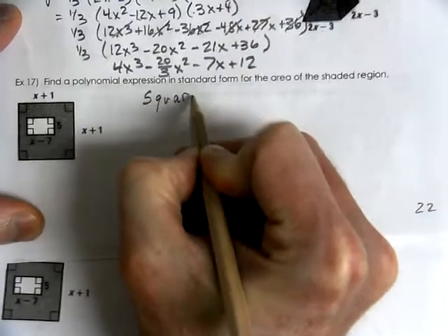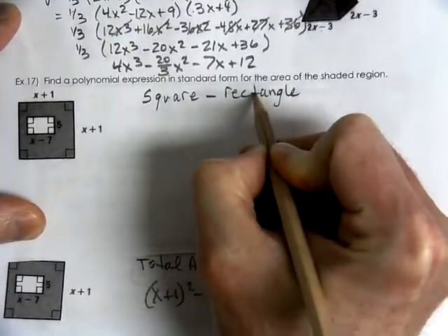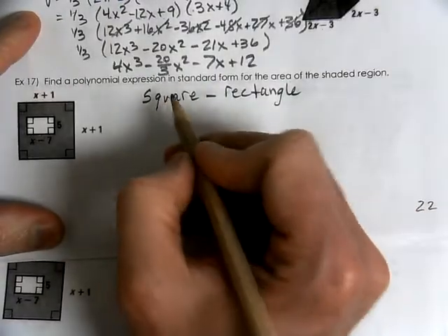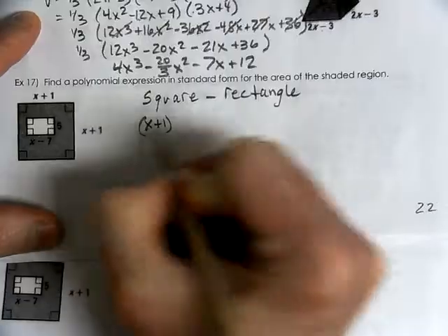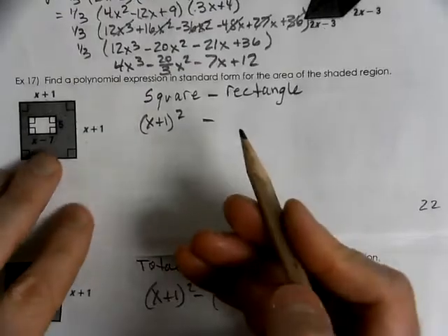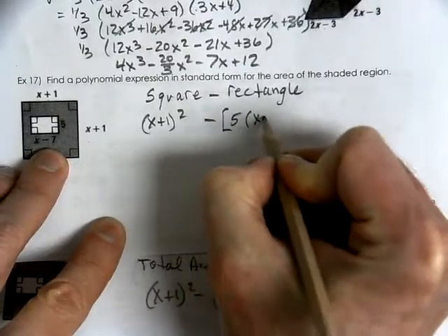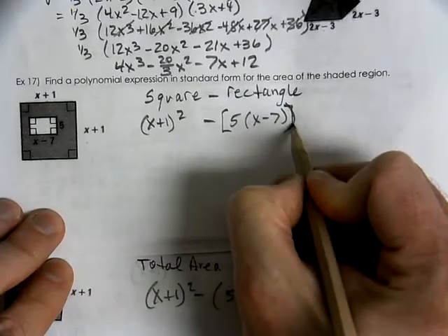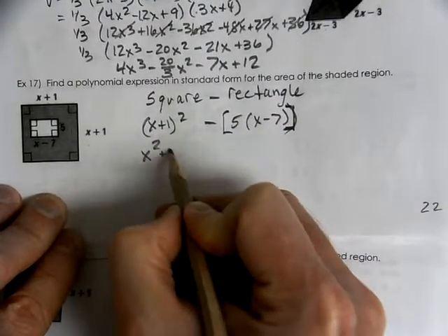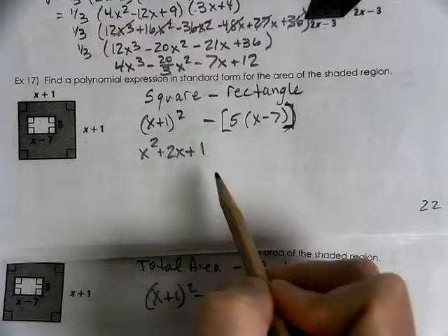We have our square minus the rectangle. That's going to be the total area of the shaded region. So the area of the square is going to be x plus 1 squared, because it's square, so you have that binomial squared. And the area of the rectangle is length times width. So this is going to become x squared plus 2 times those two multiplied together and 1 squared.